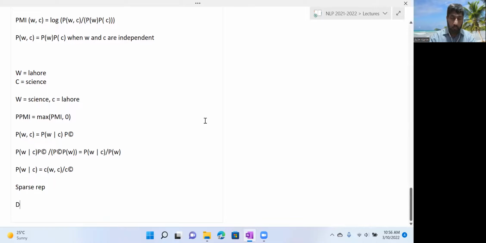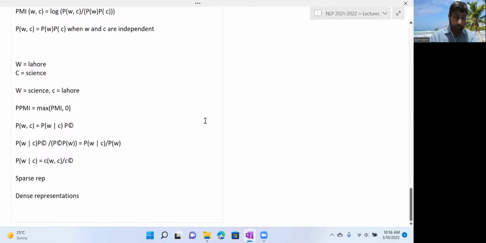So let's now move on to dense representations. We have about 15 to 20 minutes, so we will start this and maybe we'll slightly continue it next time. Sparse representation means that you have lots of zeros and the vector length is very large, especially for co-occurrence matrices, where vector length is equal to the vocabulary size, which is going to be huge for many applications.